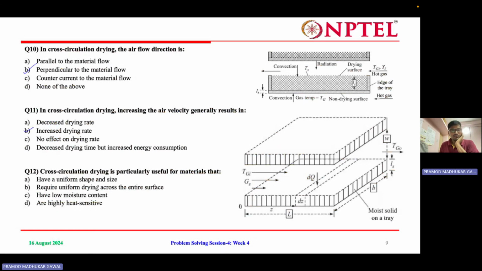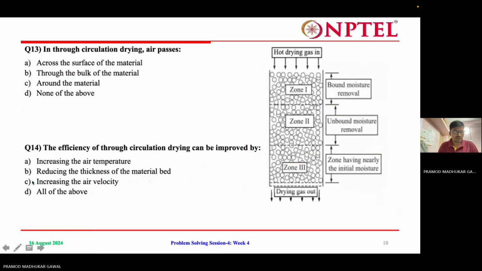Question 12. The cross circulation drying is particularly useful for materials that have uniform shape and size and require uniform drying across the entire surface. So generally the cross circulation drying is used when uniform drying across the entire surface is required. Question 13.